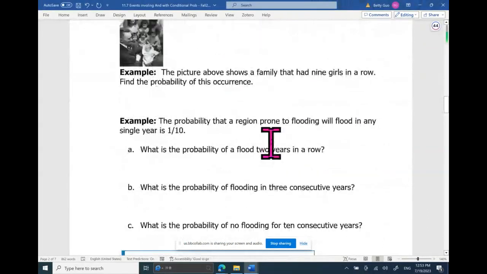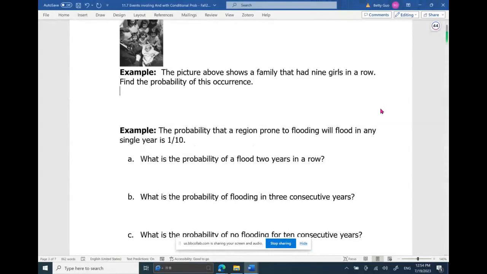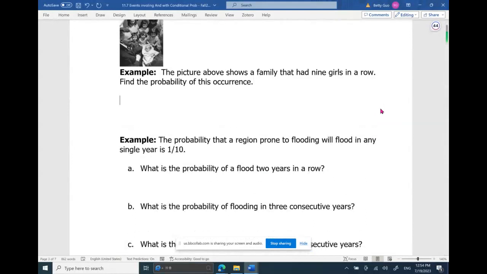Now let's look at this example. The picture above shows a family that had 9 girls in a row. Find the probability of this occurrence. That's interesting, right? It might be more complicated than we could imagine, genetically or biologically, and we do not consider those factors.